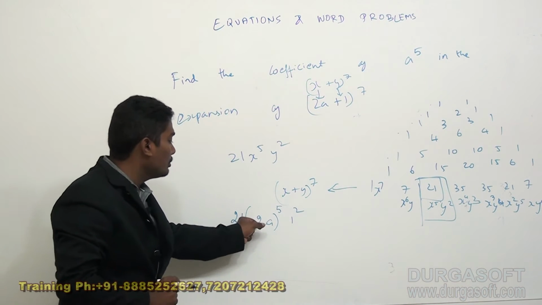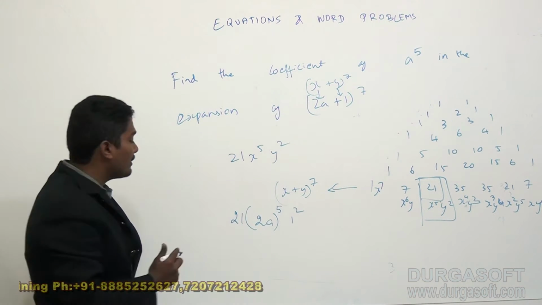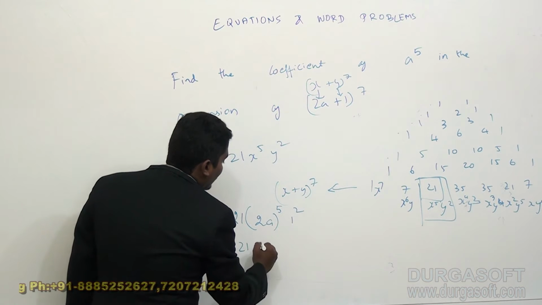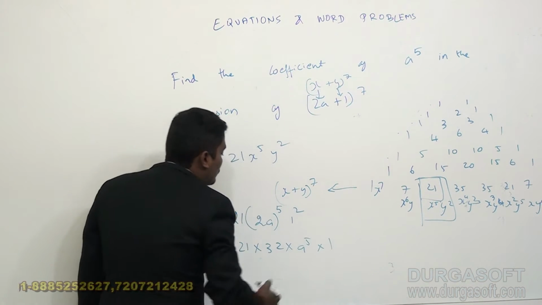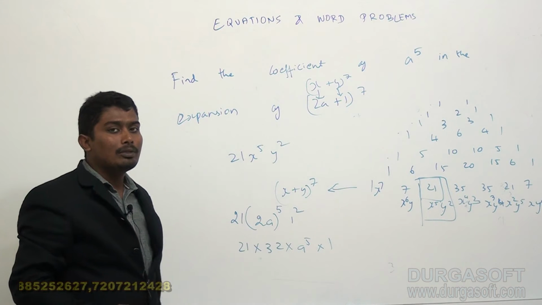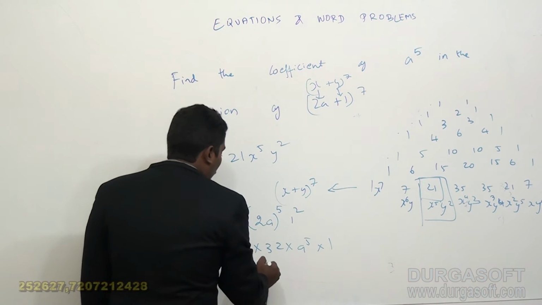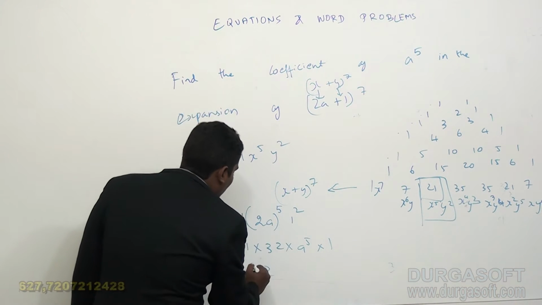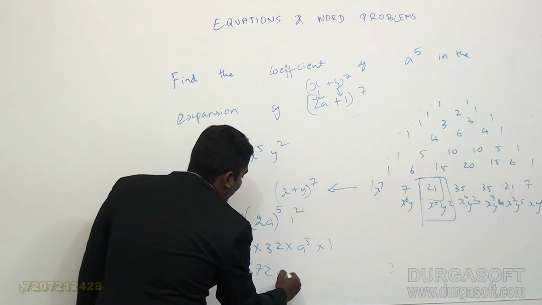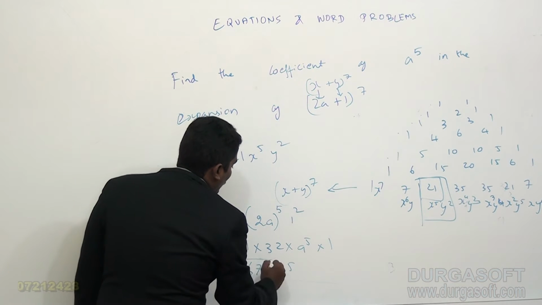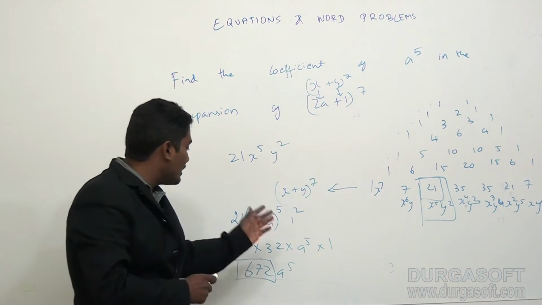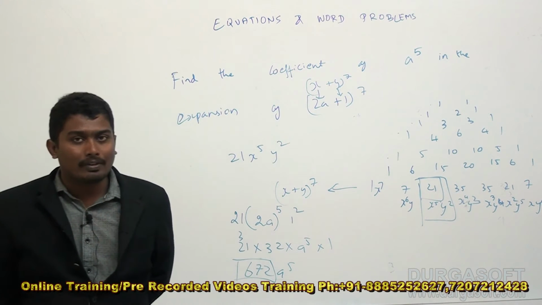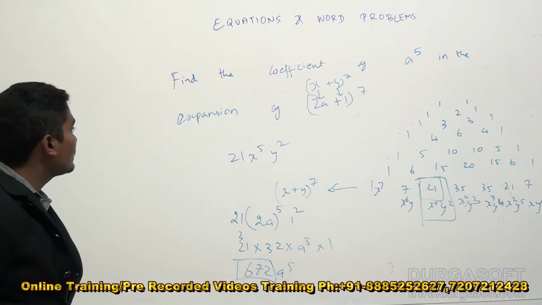The value of 2 power 5 is 32. So 21 into 32 into a power 5 into 1 is 672 a power 5. So I will get the coefficient of a to the power 5 as 672.